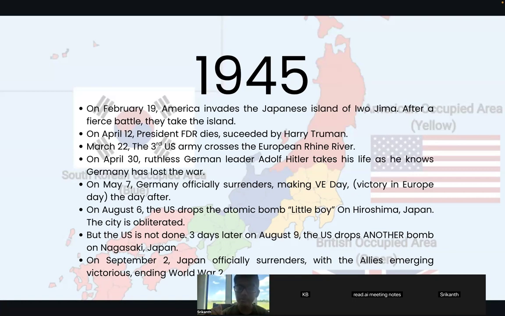It was so much more powerful than Hiroshima, causing even more casualties. Now, on September 2nd, Japan would officially surrender, with the Allies emerging victorious, officially ending World War II. With over 80 million casualties, the war is over.